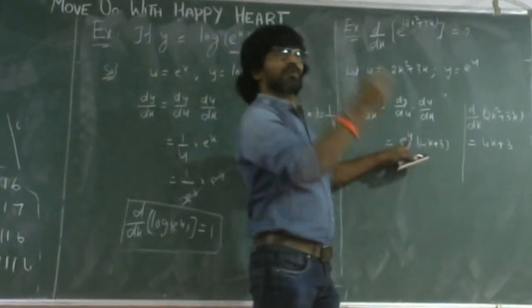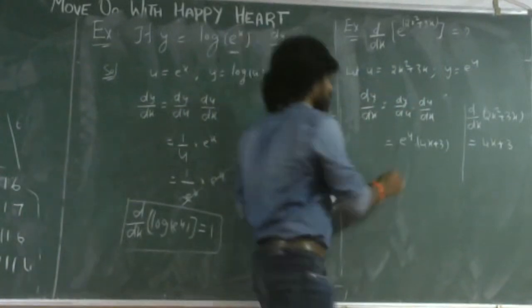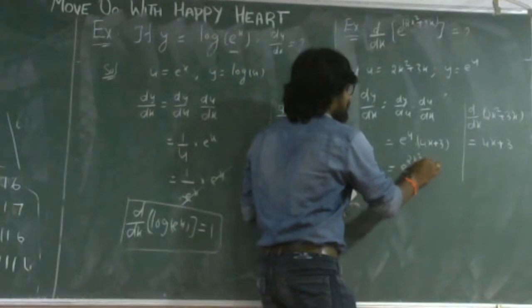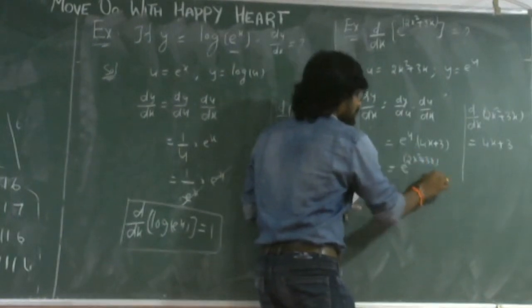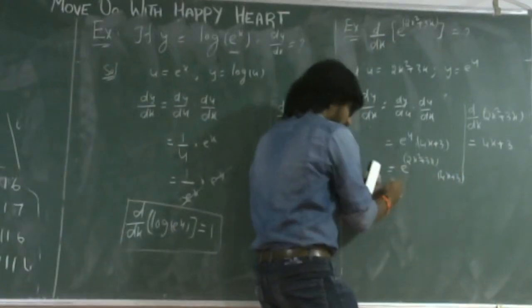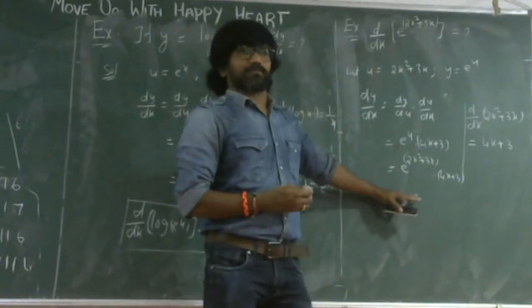But now substitute u. What is u? 2x square plus 3x. So now you will get e power 2x square plus 3x into 4x plus 3, or 4x plus 3 into e power 2x square plus 3x. It will be your final answer.